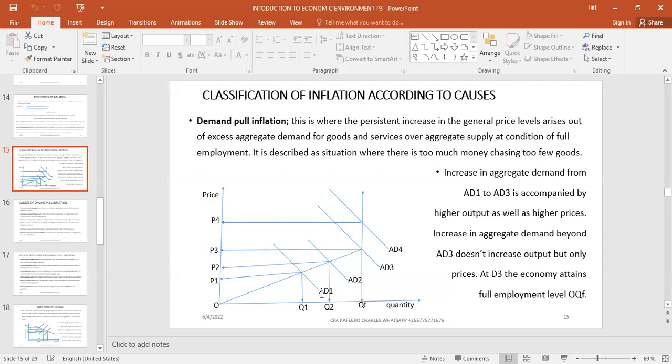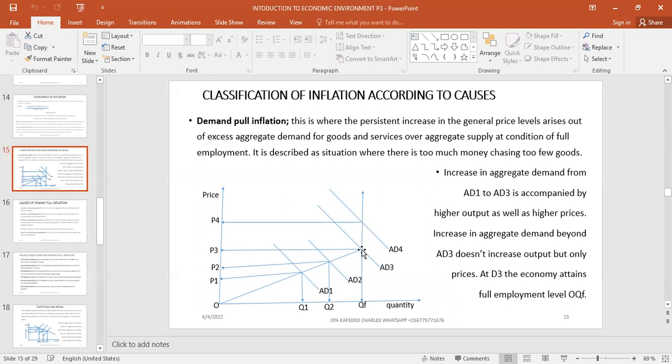So we expect that when the demand, as you are seeing AD1, this is aggregate demand 1, aggregate demand 2, aggregate demand 3, and aggregate demand 4. So we expect that when the aggregate demand is increasing, we are also expecting that the supply is going to be increasing too. When it is at that point, we expect that at least there we have a mild inflation, or the rate is not a bit high.